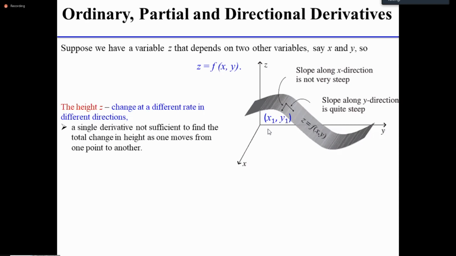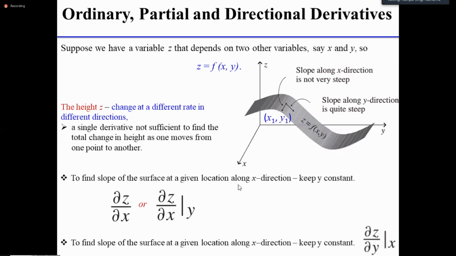So what we do is define the rate of change in the x direction, and for that we need to keep the value of y constant. y should not be changing when we define the rate of change along x.